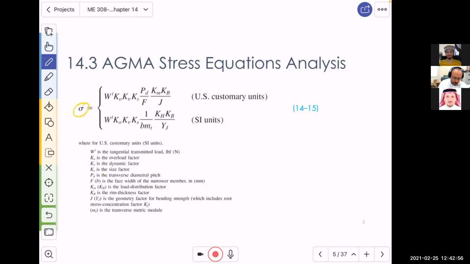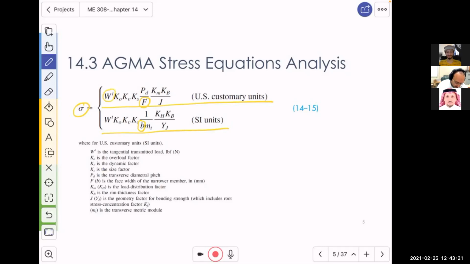It has been given to us here in US customary units and SI units. And be careful. For example, F over here is the face width in US units, while b here is the width in millimeters in SI units. So be careful. Let's start one by one.